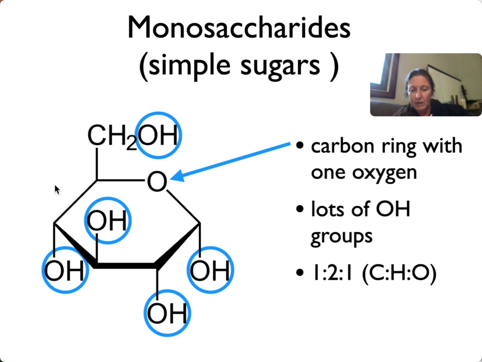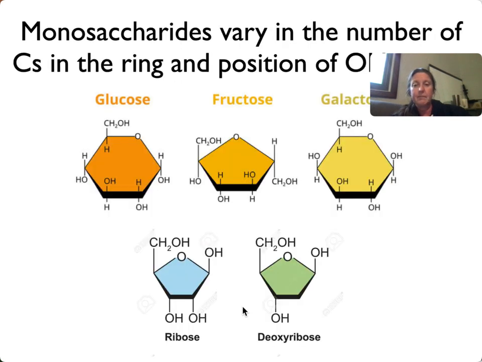And where did I lose my 12? Anyway, there are 12. And then there are 6 oxygens. All right, so if there's 1 carbon, there's going to be 2 hydrogens and 1 oxygen. If you double that, it's going to be 2, 4, 2, 3, 6, 3, and so on. Most people don't bother counting. The ring of carbon with the oxygen and the hydroxyl groups is usually enough to clue you into the fact that it's a monosaccharide.